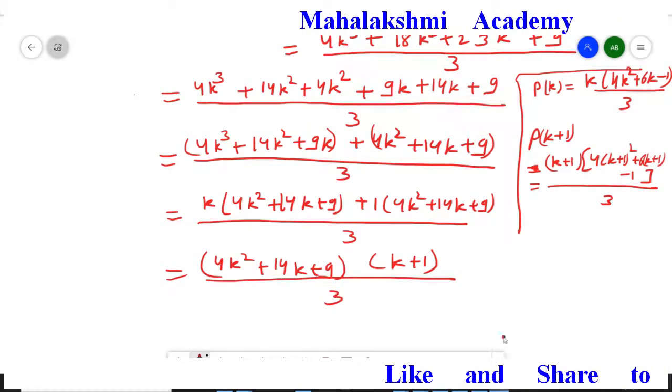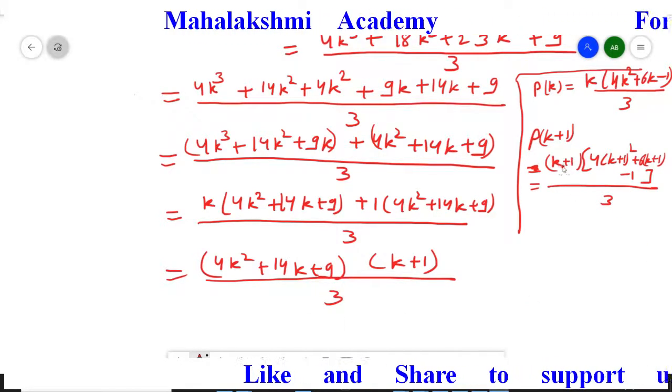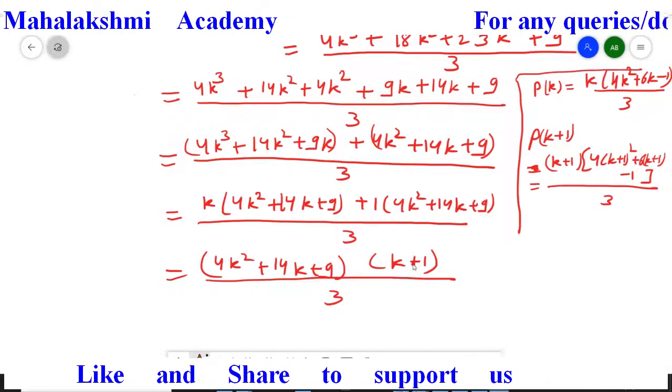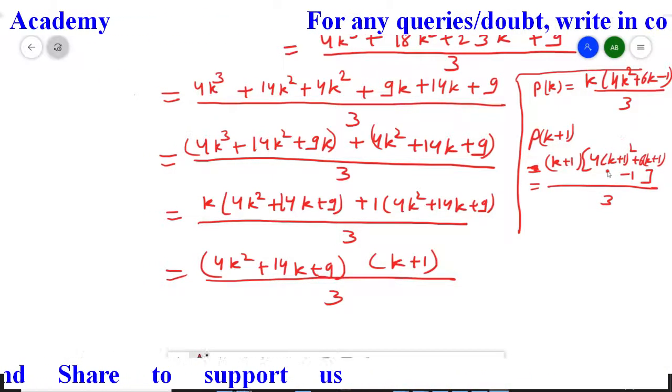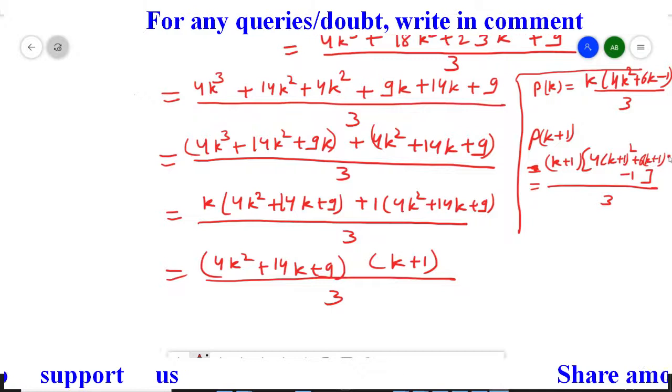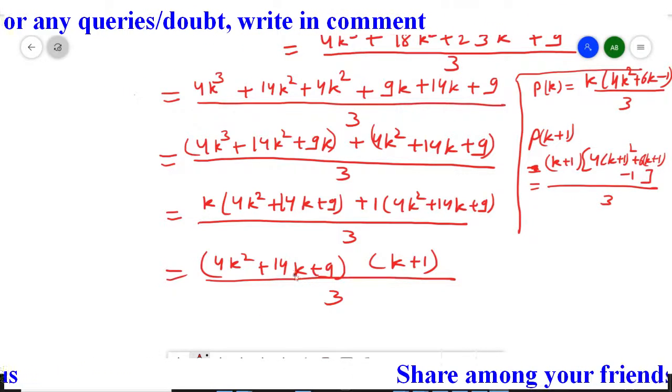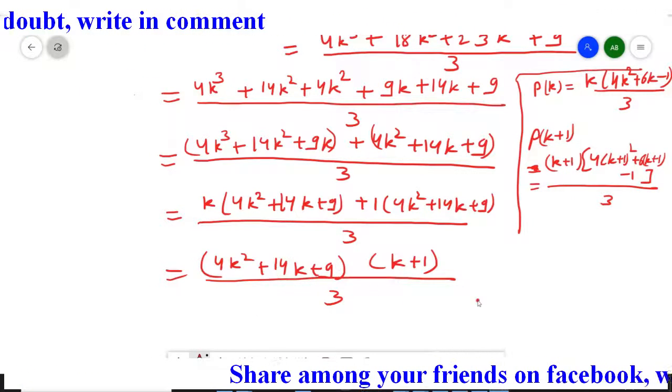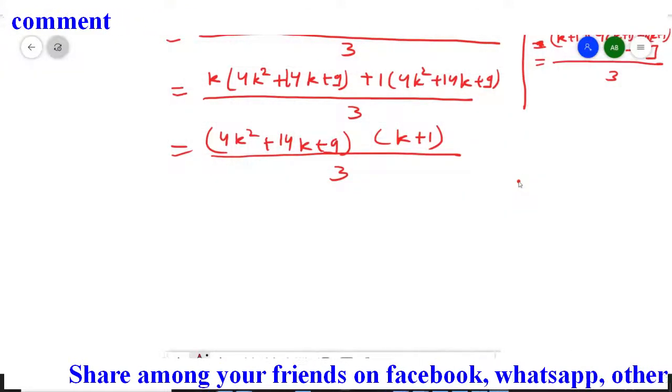So you just see in the right side we need k plus 1, so we achieved k plus 1 here, but in the bracket we need 4 times k plus 1 square plus 6 times k plus 1 minus 1, so we have to make a change in this small bracket again. So it's going to be like this.